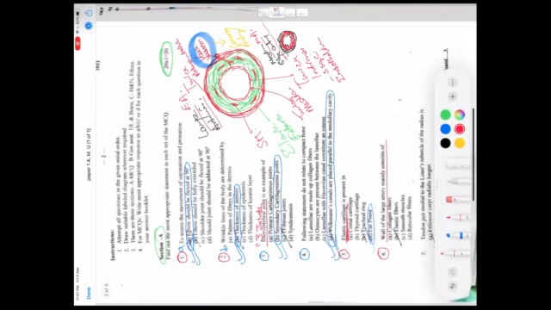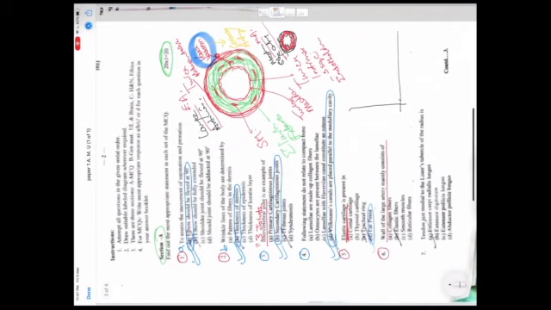Sometimes they might ask you a good question in a graph format. Let's say on the x-axis you're showing the size of an artery, and on the y-axis the content of smooth muscle and elastic fibers in the tunica media.